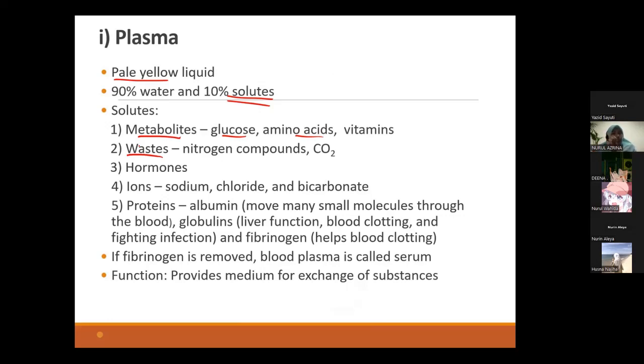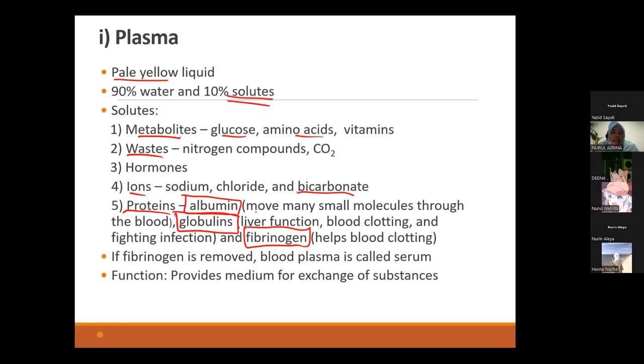It also contains hormones and ions like bicarbonate, chloride, and sodium, right? And it also has several proteins like albumin, globulins, and also fibrinogen.